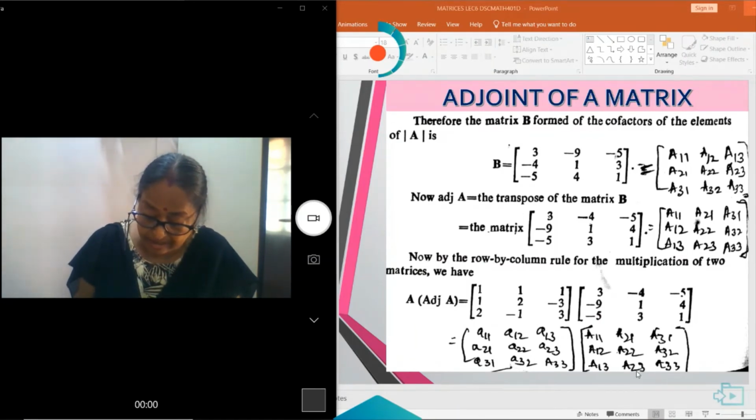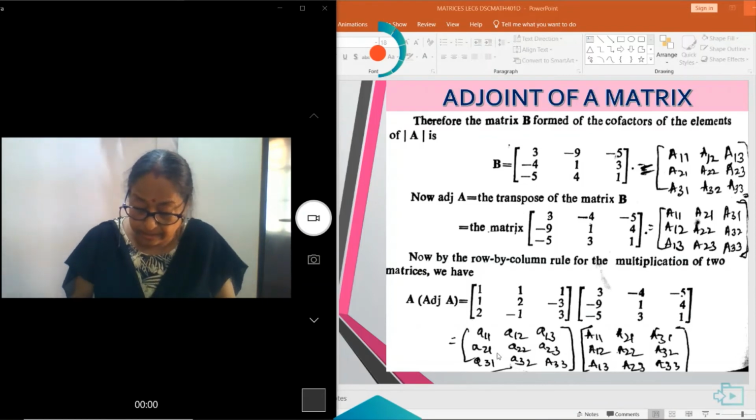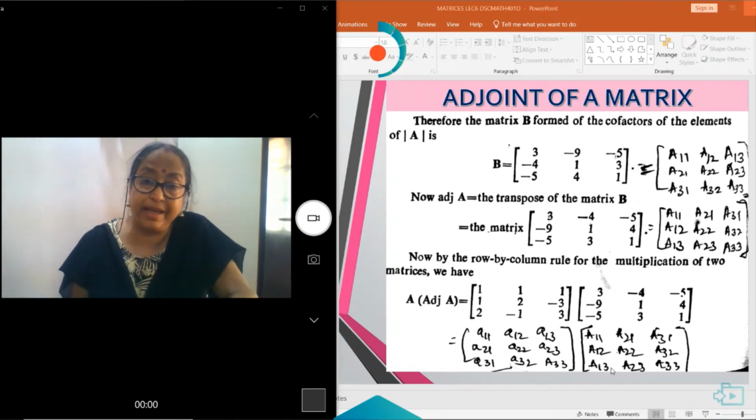K is 1 and K is 1. So again for the second row and second column, that is the value of A22 when multiplied, it also gives the determinant A. Small a21 into capital A21, small a22 into capital A22, small a23 into capital A23, which is the second row and second column element, when multiplied gives us the value of the determinant.